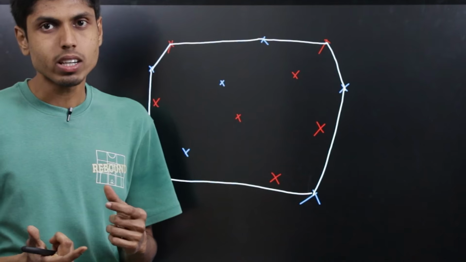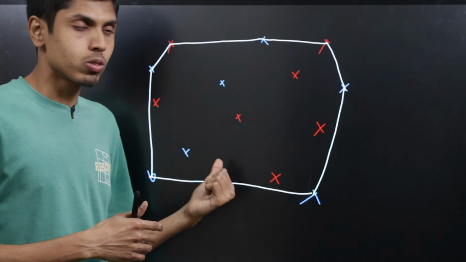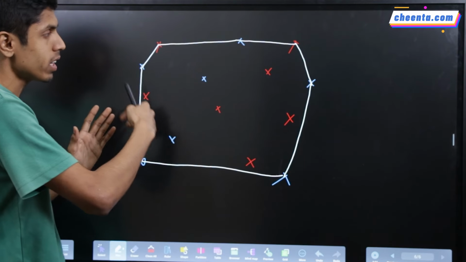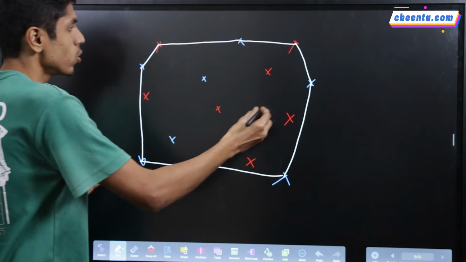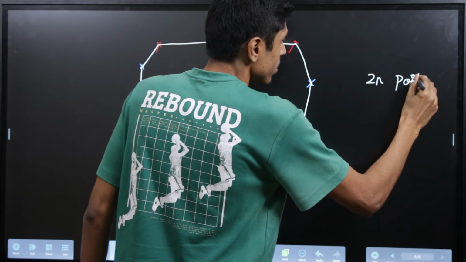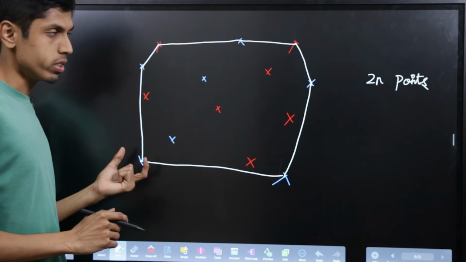If you have not seen that, just go back and watch it and then try this question. So the convex hull will be a convex polygon whose vertices are these points, the 2 end points that I'm talking about. Those will be vertices of this.